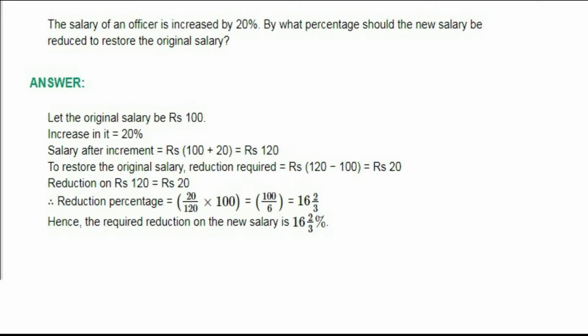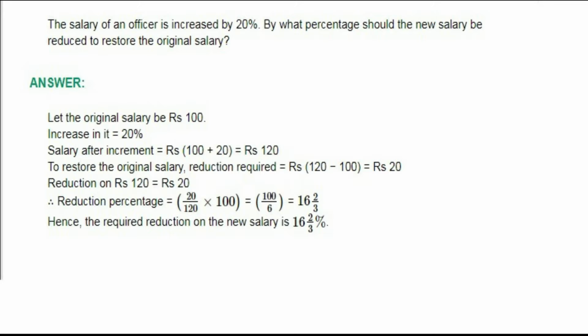That conception is wrong. So in this sum we don't know the original salary, so we are assuming the original salary is rupees 100 and after an increment of 20% the new salary becomes rupees 120. So by how much is this increasing? By rupees 20. Simply we are deducting rupees 100 from 120 and we are getting rupees 20, right? So now we have to find the reduction percentage.